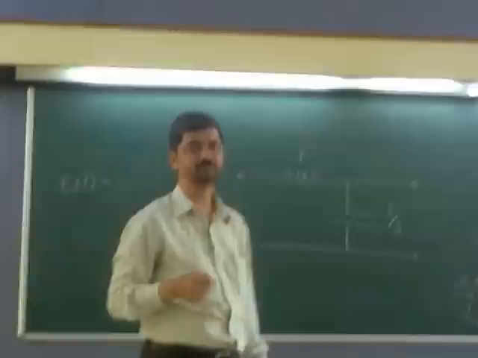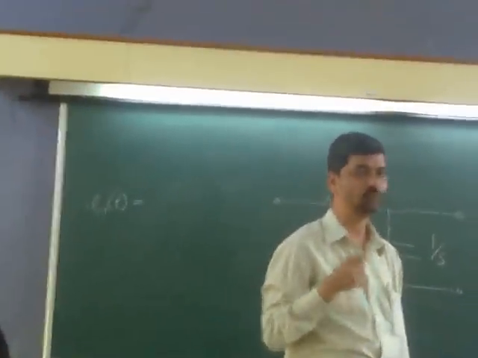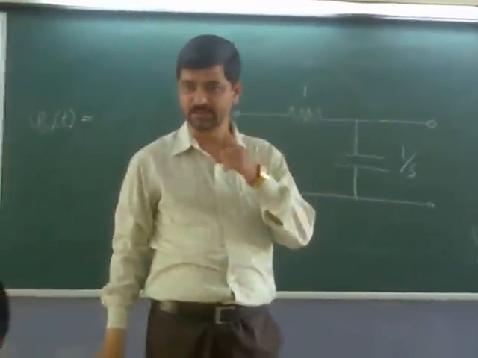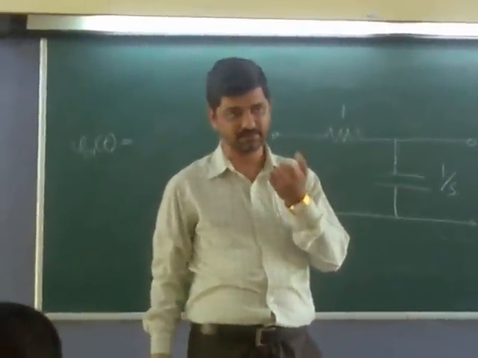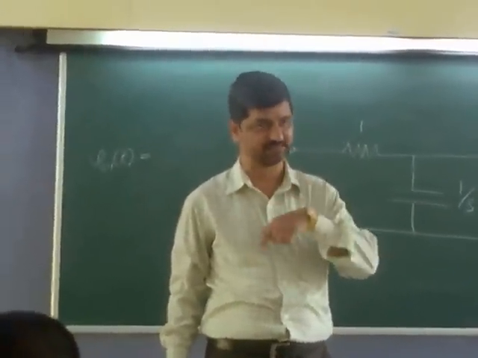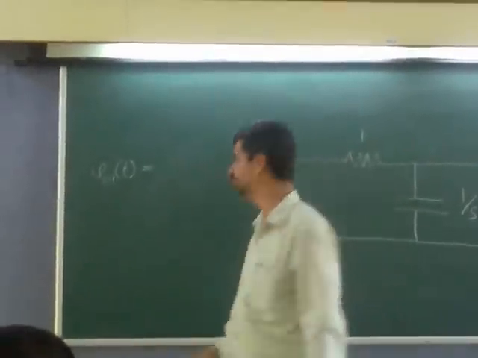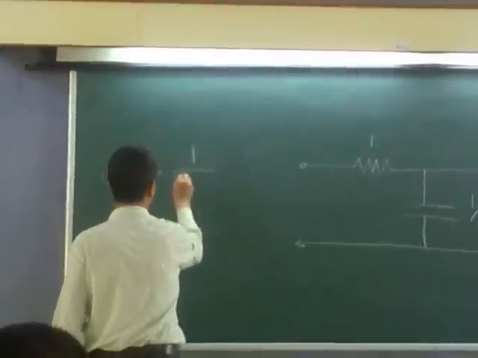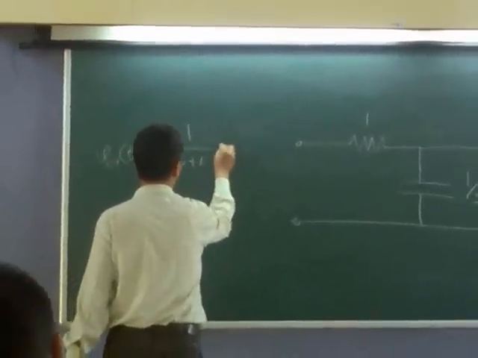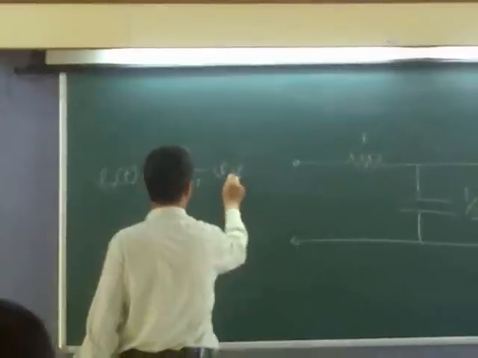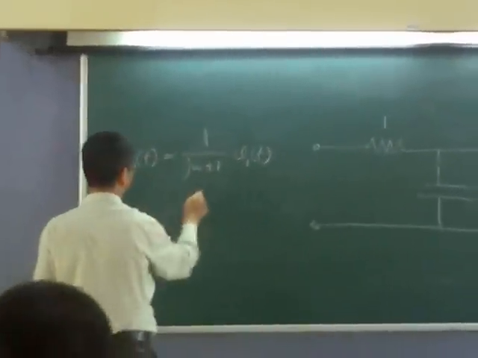What will VO1t be? It would be 1 upon s plus 1, with s equal to j omega a special case of e raised to st. So VO1t would be equal to 1 upon j omega plus 1 into V1t.